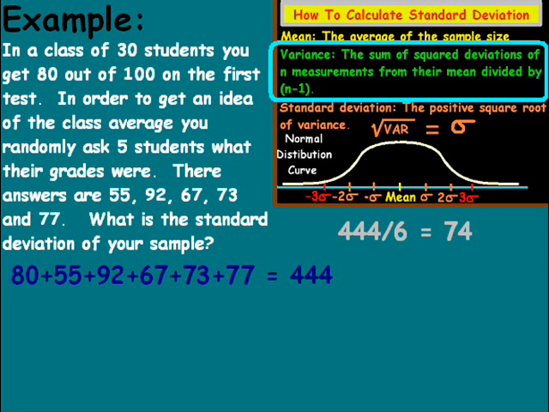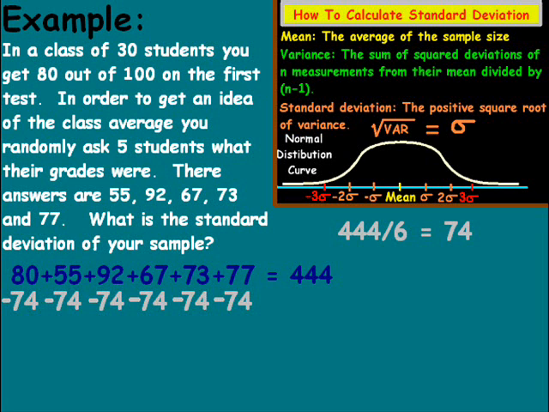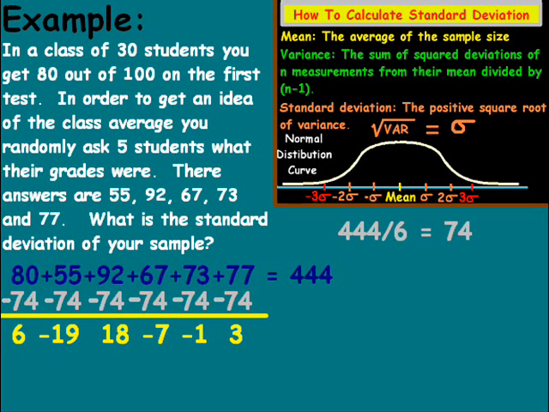Okay, now we need to figure out this variance part right here. Well, to calculate the variance, we're going to take the difference between the numbers we actually have and what the mean is. So we subtract 74 from each one of these individual numbers we have, and that gives us 6, negative 19, 18, negative 7, negative 1, positive 3. Now we need to do the sum of squared deviations.